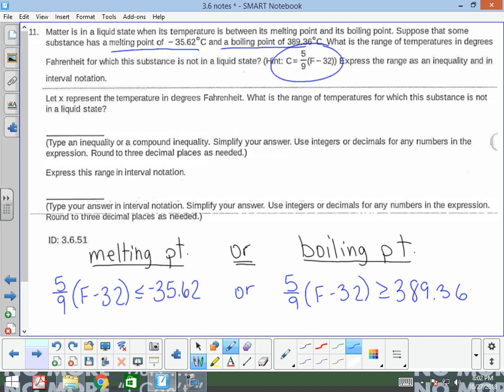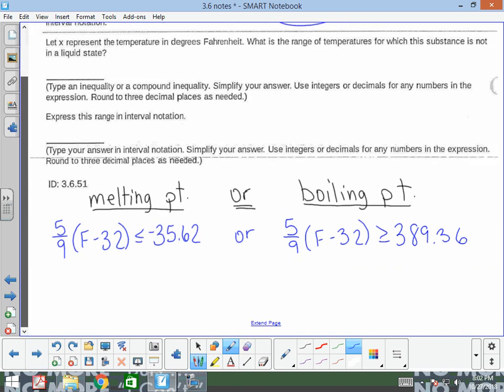What is the range of temperatures in degrees for which the substance is not in liquid state? Let x represent the temperature. I wrote it out: melting point or boiling point. It can't be both. You're either at a melting point or you're at a boiling point. That's why I have to use the word or.